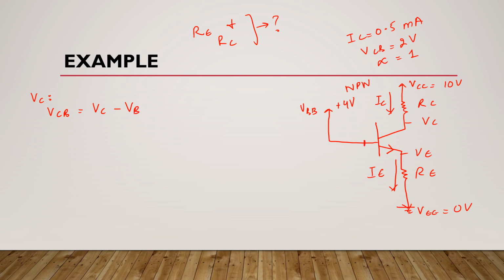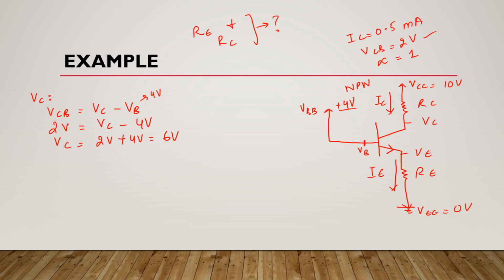VB is here, which is same as this VBB. It means it is 4 volts, and we know that VCB is 2 volts. So if we put these values here and rearrange, we get VC is equal to 2 volts plus 4 volts is equal to 6 volts. So this is the value of VC.